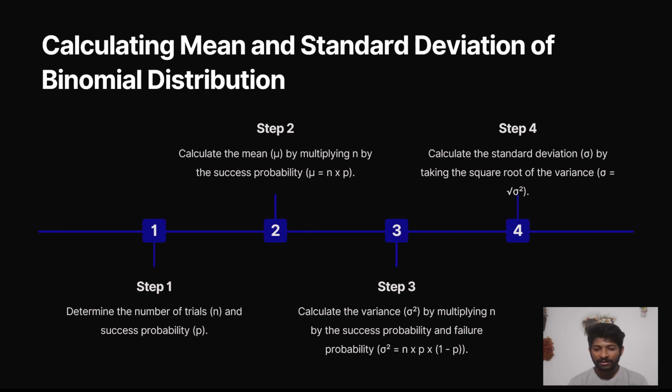Calculate the variance sigma square by multiplying n by the success probability and failure probability. Sigma square is equal to n into p into (1 minus p). Step 4. Calculate the standard deviation sigma by taking the square root of the variance. As we know, sigma is equal to the square root of sigma square, which is the standard deviation of binomial distribution.